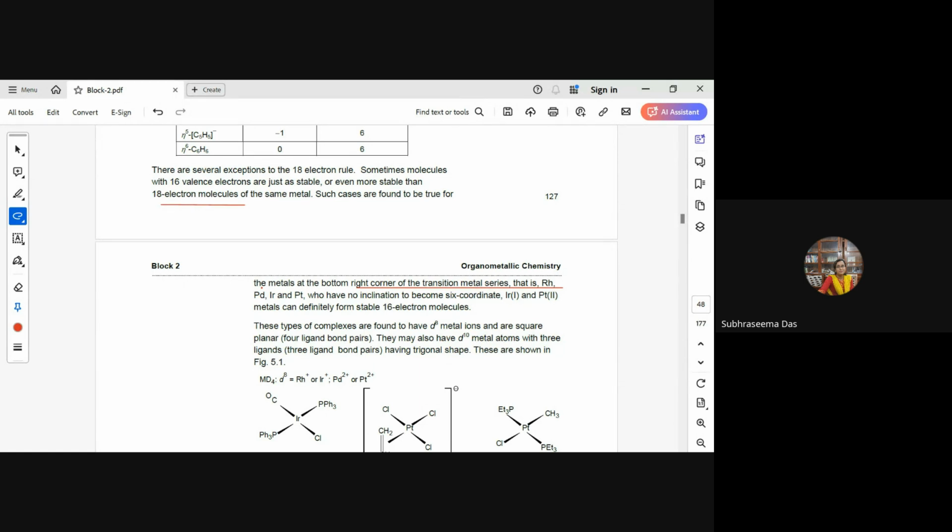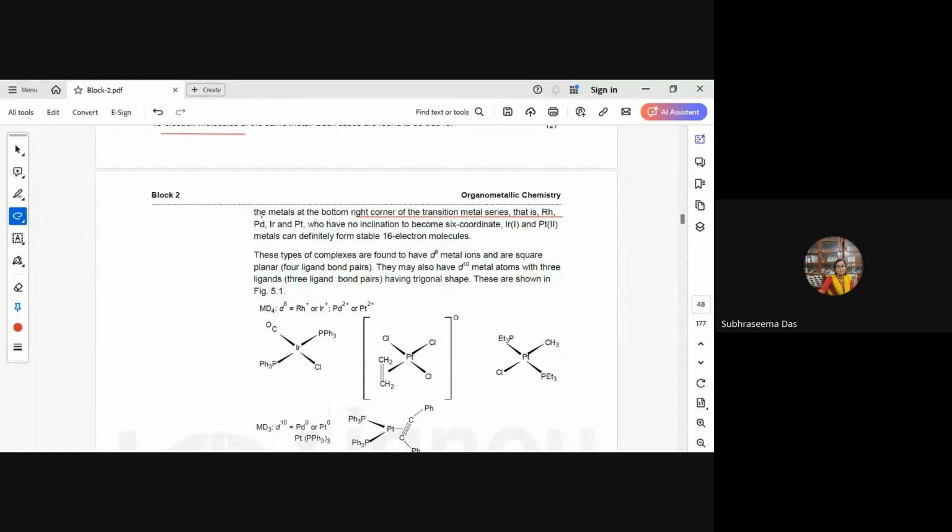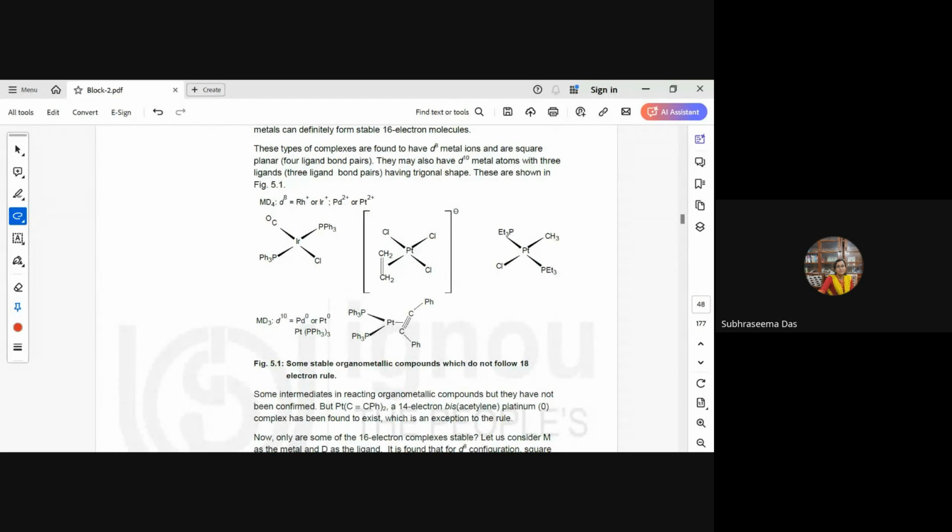These compounds have been isolated and widely used in synthetic organic chemistry. In figure 5.1, some of the stable organometallic compounds that do not follow the 18 electron rule have been listed. These compounds are found to have d8 metal atoms, and they are mostly square planar in nature. So these are some of the examples.